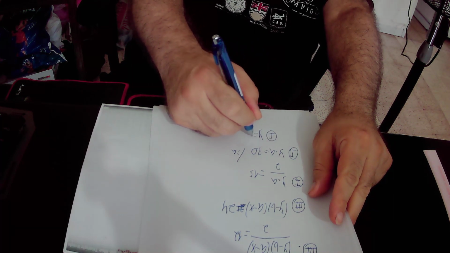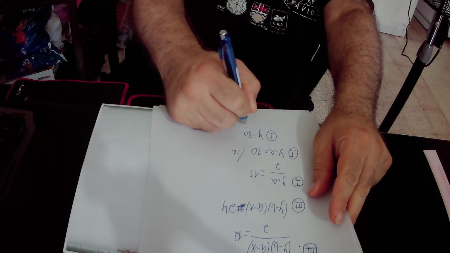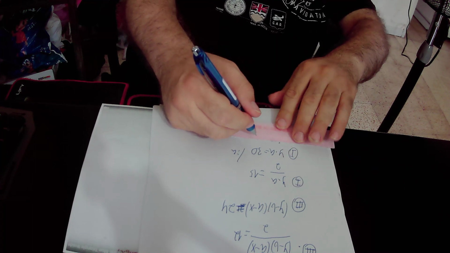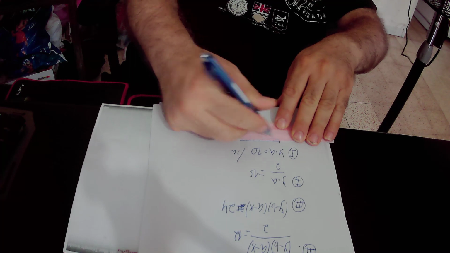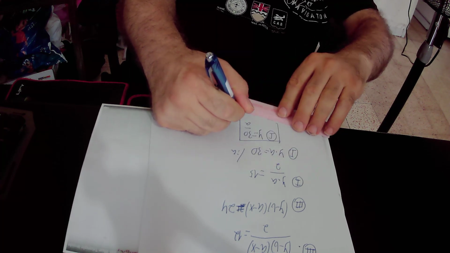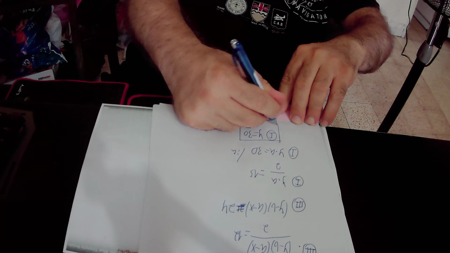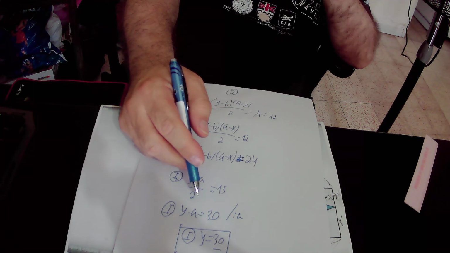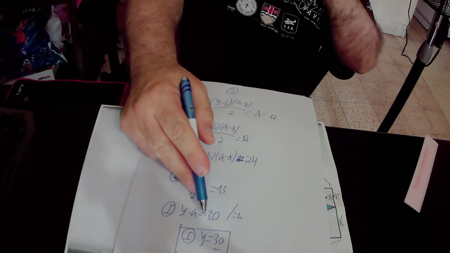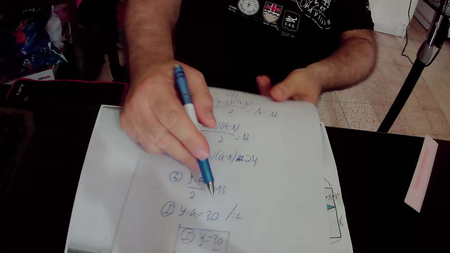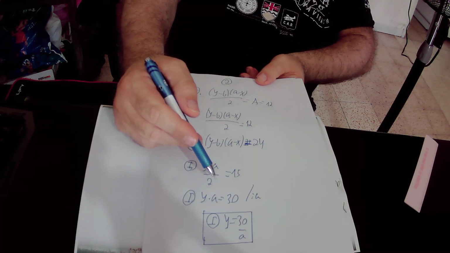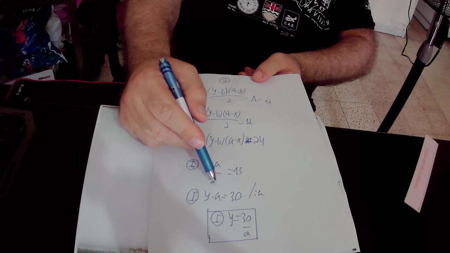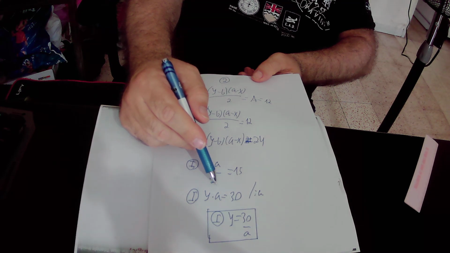So y equals 30 over a. So we took y out of the first equation.